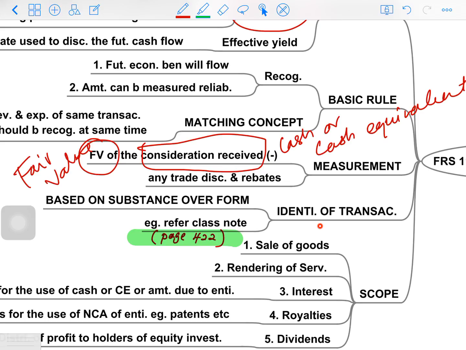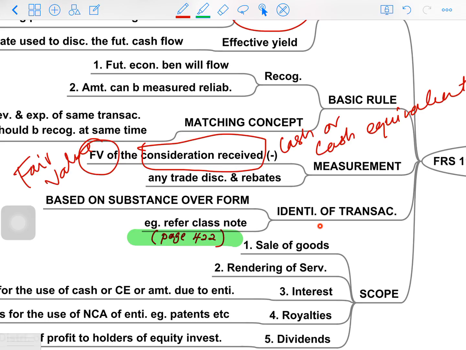So maknanya kat sini, bila you nak recognize revenue tu, you kena recognize revenue based on the substance of the transaction. Apa yang sebenarnya berlaku. Okay, that is what it means by substance of transaction. So it is a financing arrangement. Okay. So FRS 118 mentioned there, FRS 118 has identified three types of revenue, give guidance on when revenue can be recognized for these three groups of revenue.